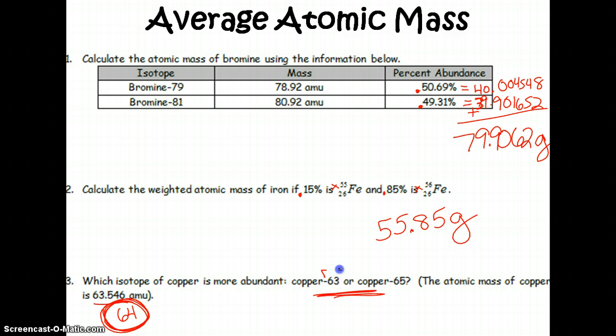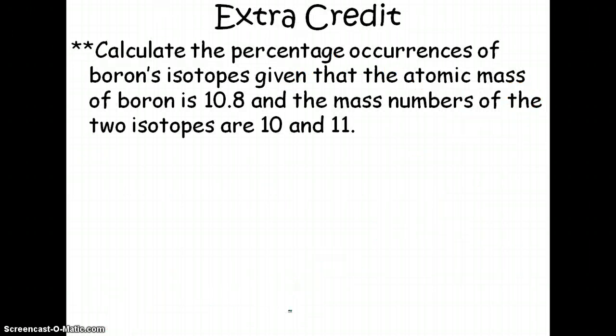So now let's look at the actual masses we can deal with, 63 and 65. 63.546 is closest to 63. So it is most likely that copper 63 is the most abundant isotope. Whatever the mass is closest to.